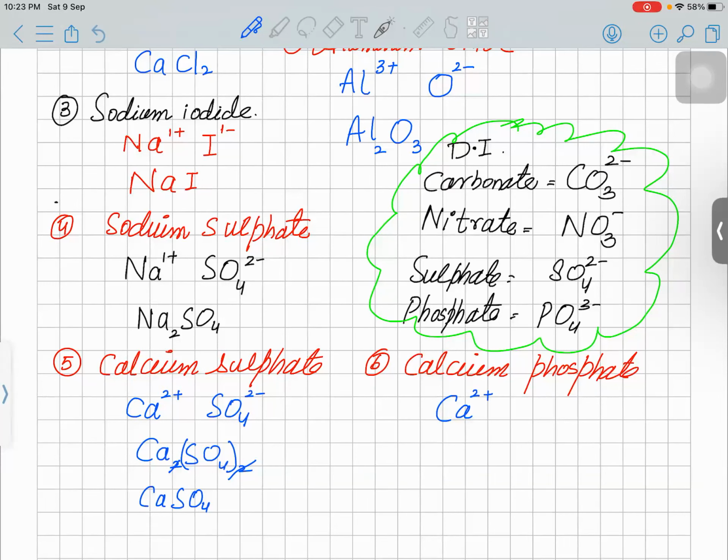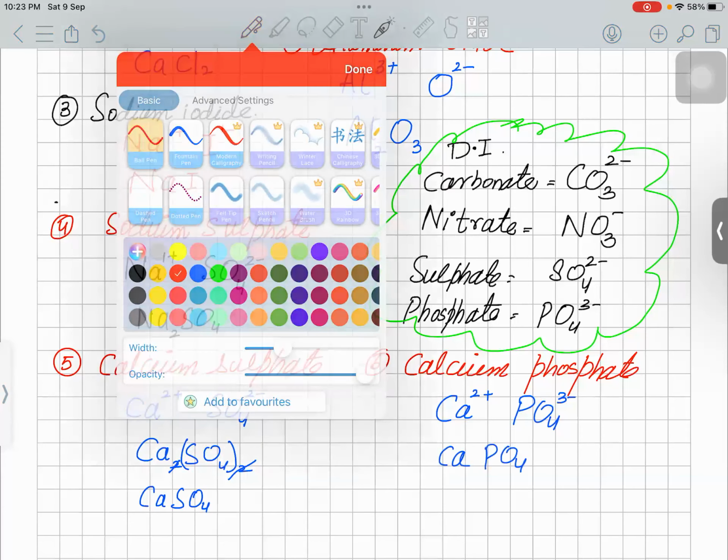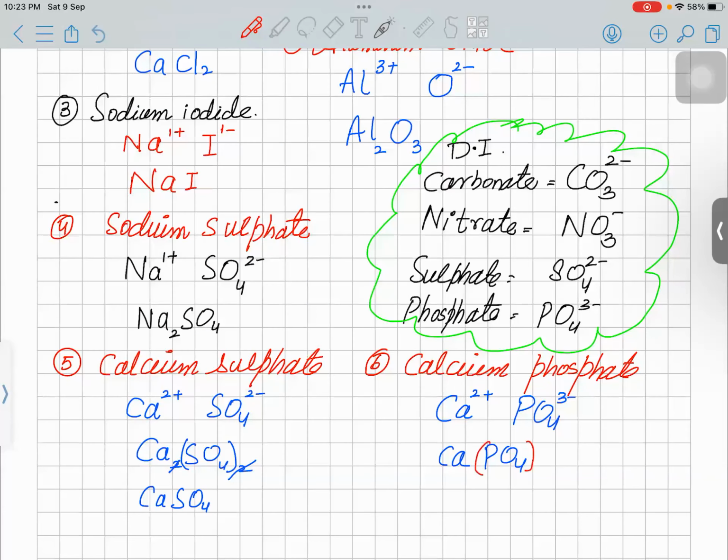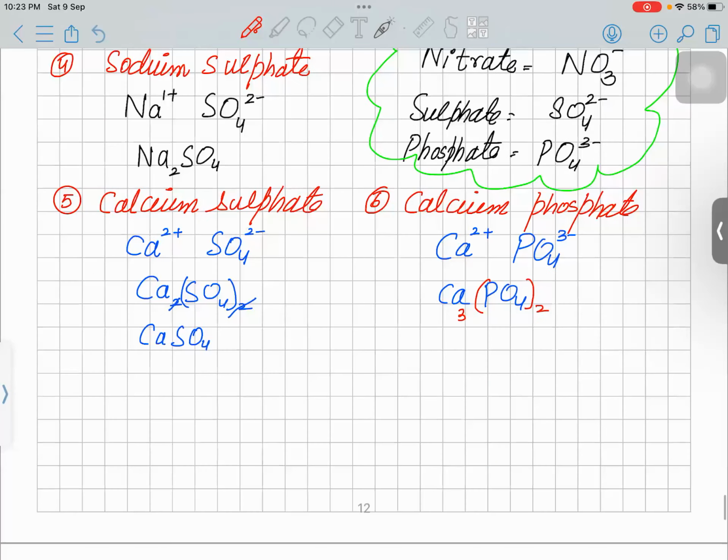And for phosphate, PO4 3 minus. So calcium phosphate would be Ca3(PO4)2. Correct answer.